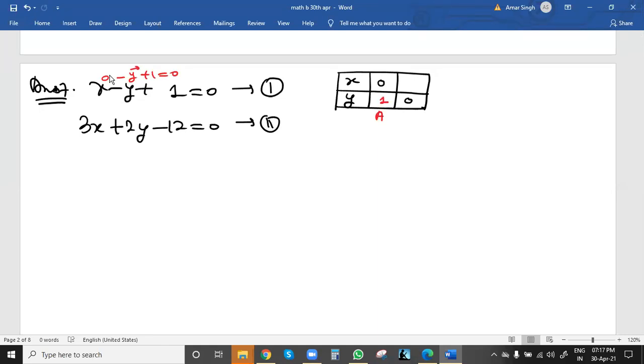And if we take y equal to 0, x minus 0 plus 1 equal to 0, so x will be equal to minus 1. I hope everyone got the understanding.